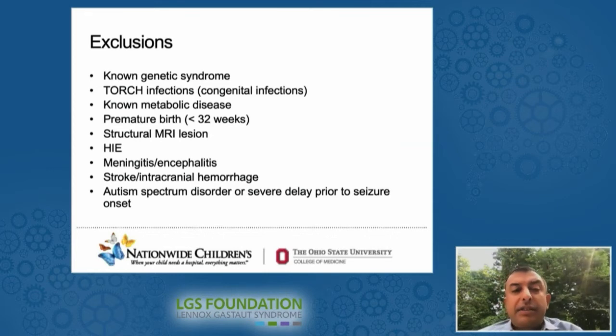But they also excluded premature infants or anybody with structural MRI changes, HIE, infection, stroke, or an autism spectrum disorder or severe delay prior to the seizure onset.